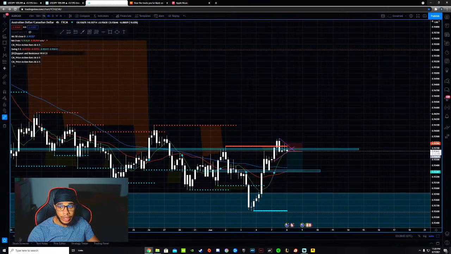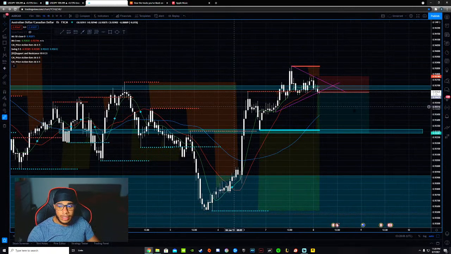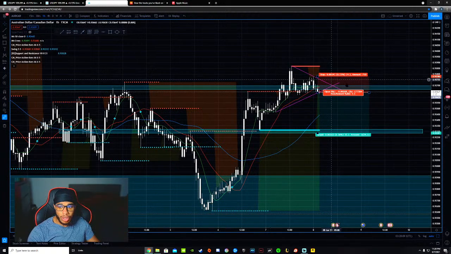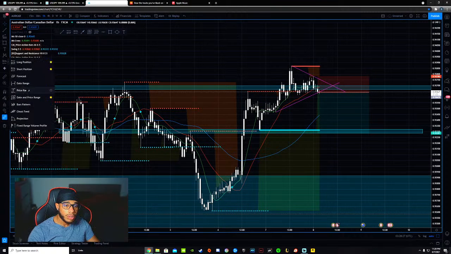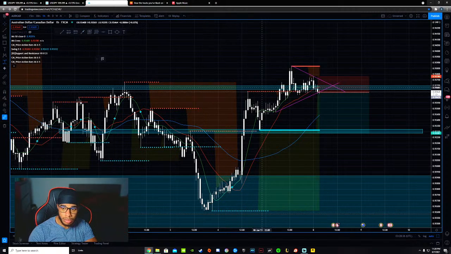So yeah, we can go to the hourly now. And you can see this triangle forming, double top forming as well. So basically, price is starting to lose momentum. What I mean by that is, I'm going to pull out the price range tool.